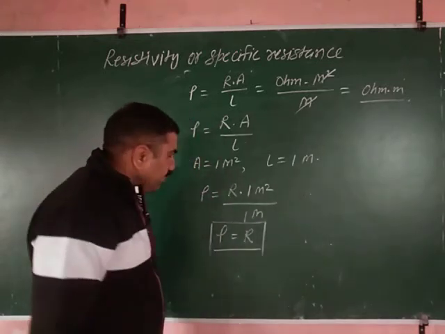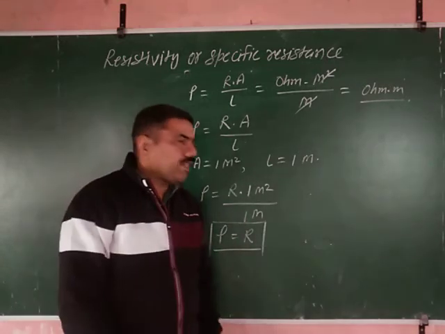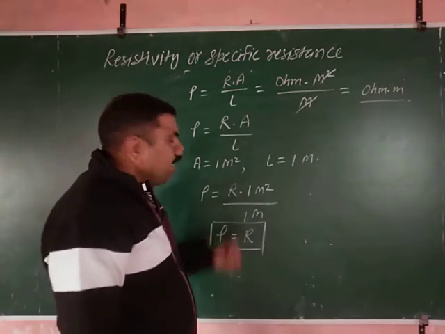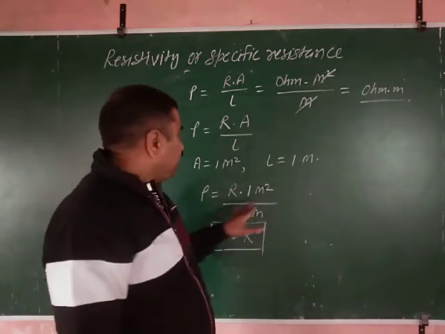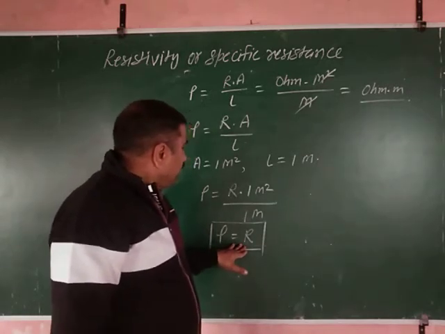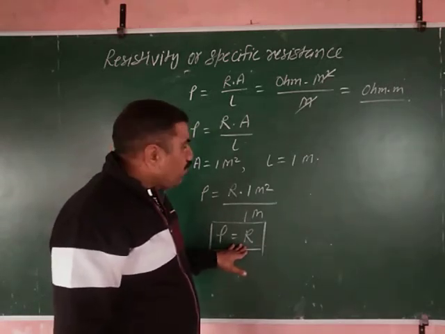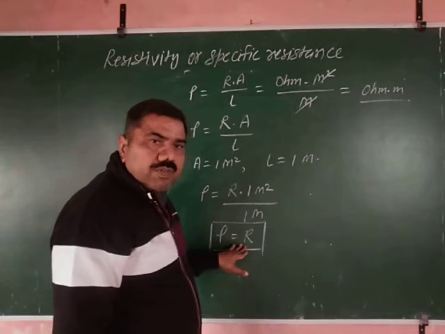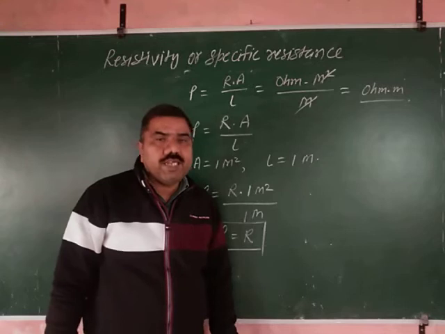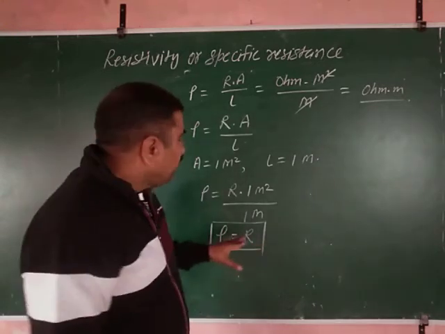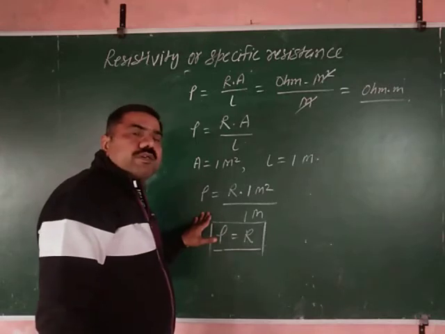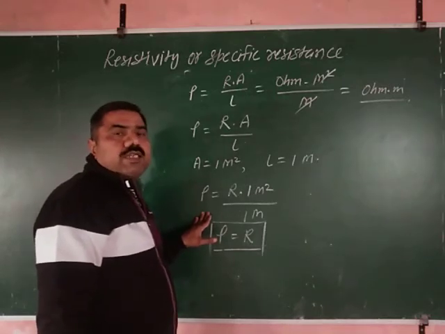Now we can define the specific resistance. From this relation we can define that the resistance of a conductor having unit cross section area and unit length is numerically equal to the specific resistance of the conductor.